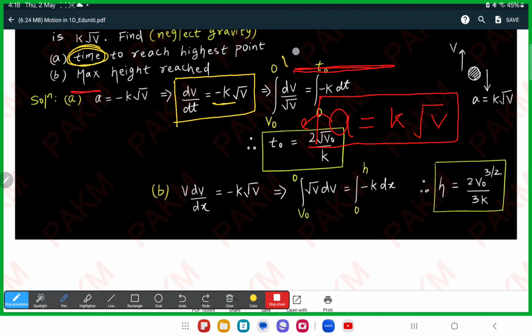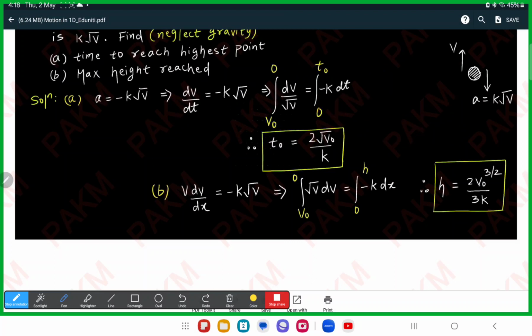Now once again, the variable separable method we are going to use here: dv over root v is equal to minus k dt. From there we can calculate t. So this is the time expression we have calculated. Now, once the time is calculated, we can calculate the height.